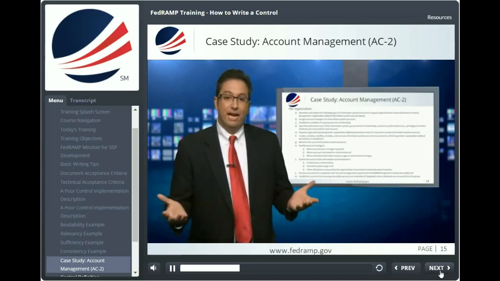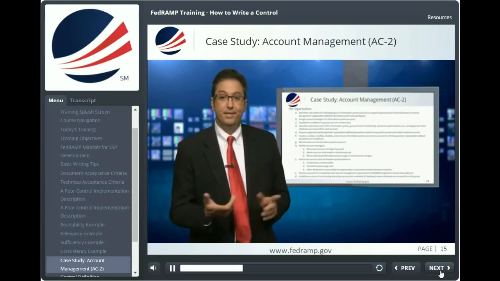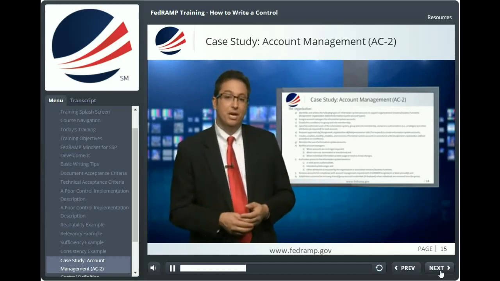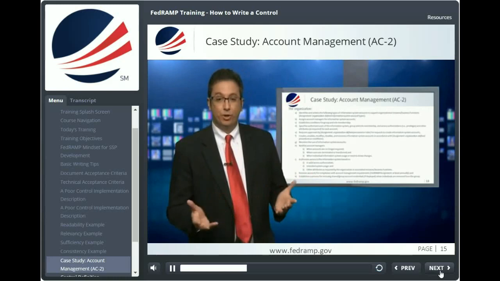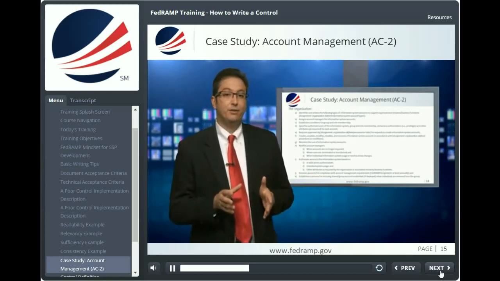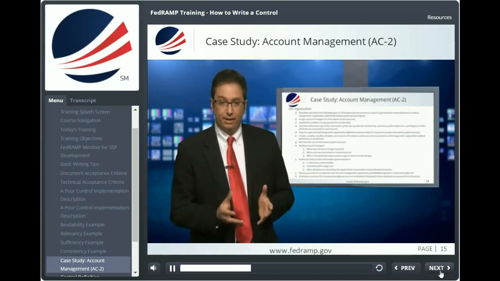Now, in defining other account attributes, organizations consider system-related requirements, for example, scheduled maintenance and system upgrades, and mission or business requirements, that's time zone differences, customer requirements, and remote access to support travel requirements. Now, failure to consider these factors could affect your information system's availability.